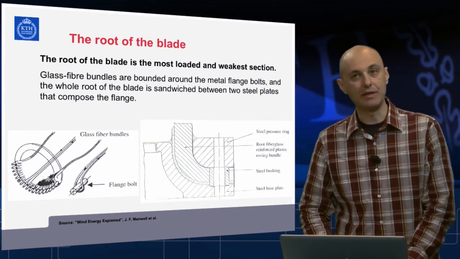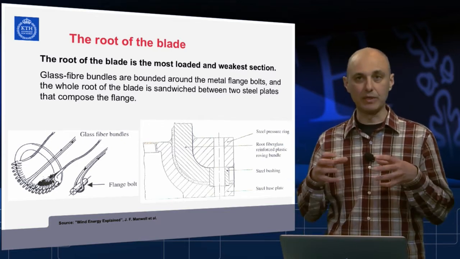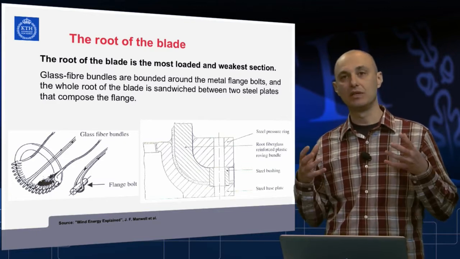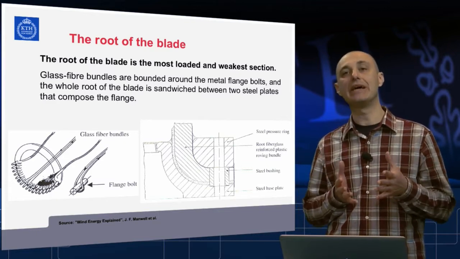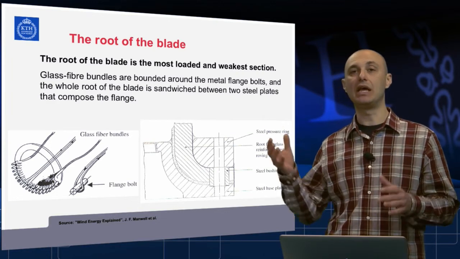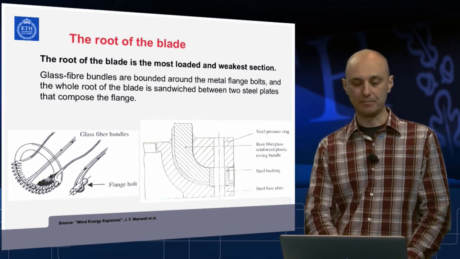The root of the blade is the most critical point, the junction point between the glass fibers and the flange. Of course, the root section is carrying the heavy loads. Everything that the blade should sustain is transferred through the root to the structure of the machine.